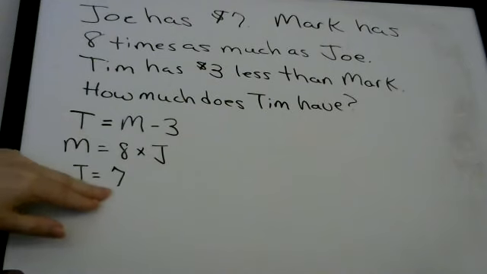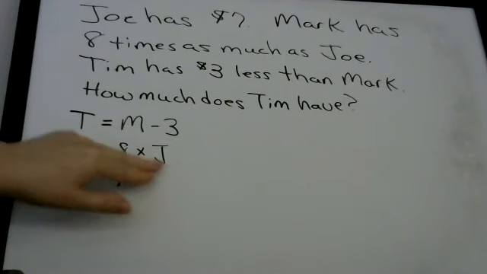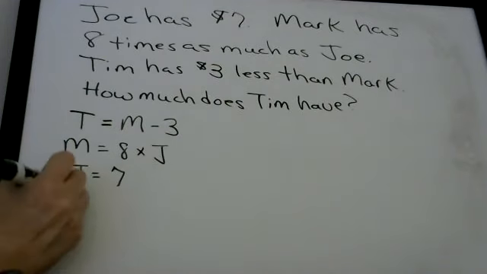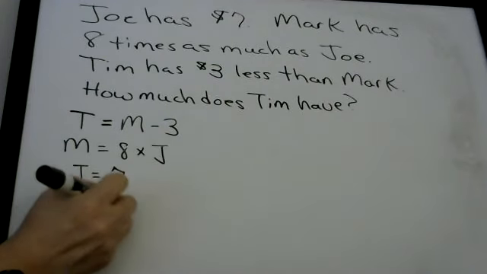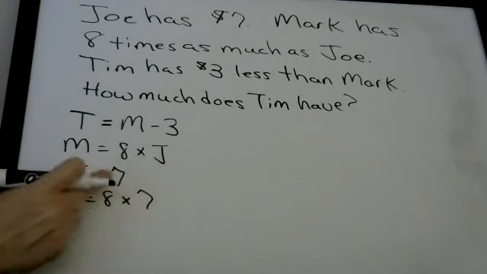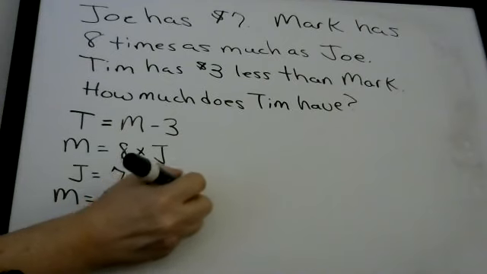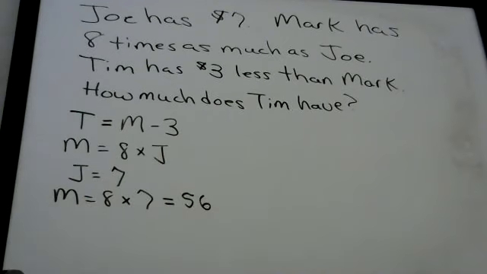So here J equals 7. Joe has 7. So we're just going to plug that into this formula. M equals 8 times J. So M equals 8 times 7 because Joe equals 7. So Mark equals, if you do the multiplication, 56. But we don't want to know how much Mark has, we want to know how much Tim has. So now we can solve for Tim.